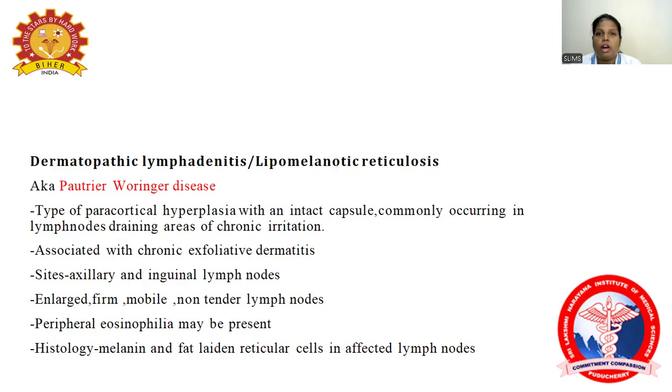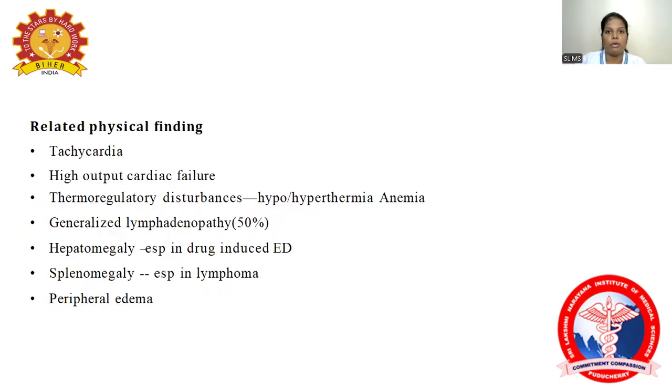It is commonly associated with chronic erythroderma. Most commonly it affects the axillary and inguinal lymph nodes, which are enlarged, firm, non-tender, mobile, which can be present with peripheral eosinophilia. In histology, it shows melanin and fat-laden reticular cells in the affected lymph nodes.